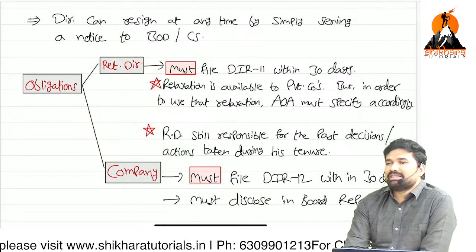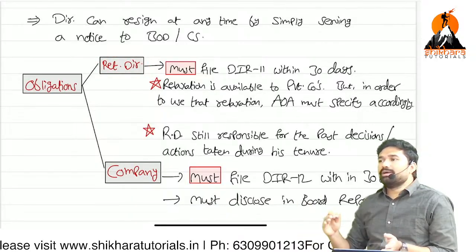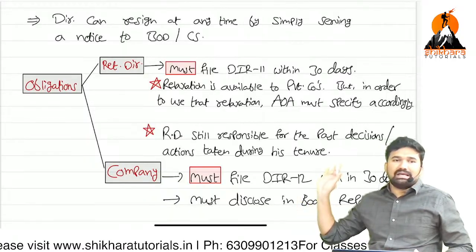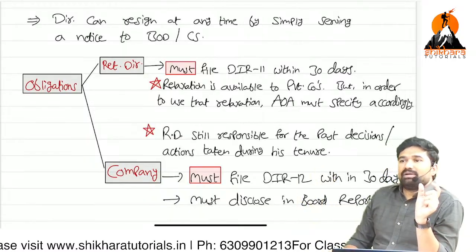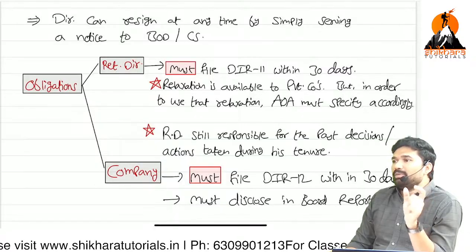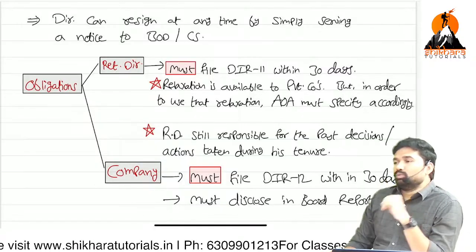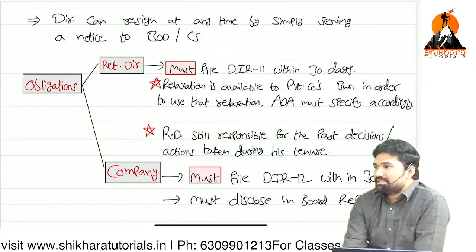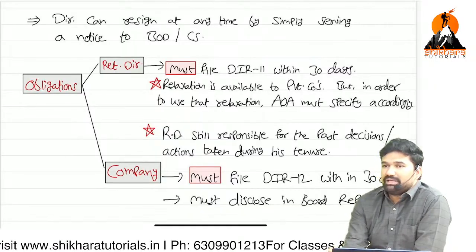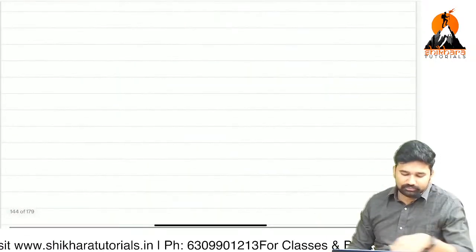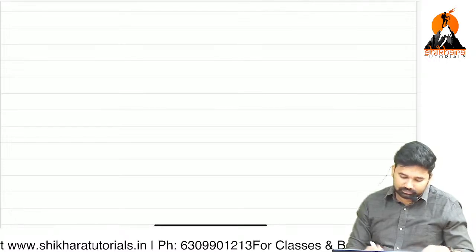Retiring director means nothing but the director who is going out of the company by simply serving a resignation notice. From his point of view, the obligations are two. First thing is, in case of a public company, listen carefully.